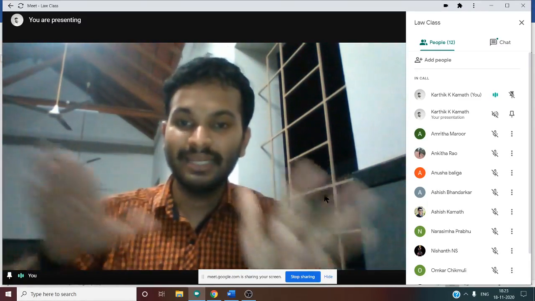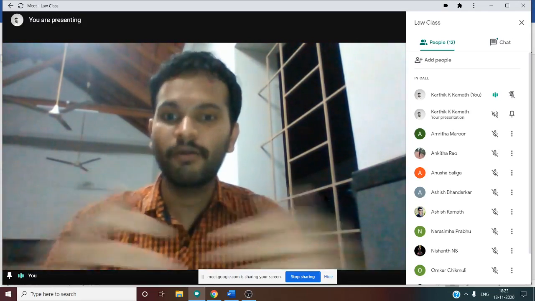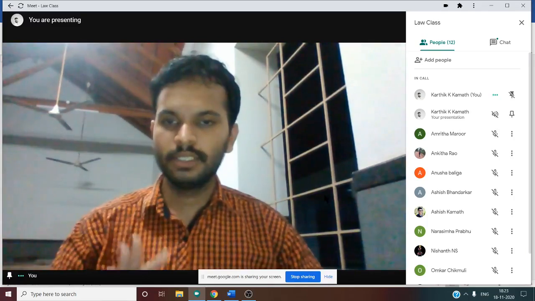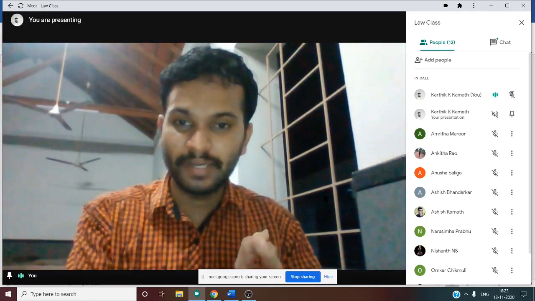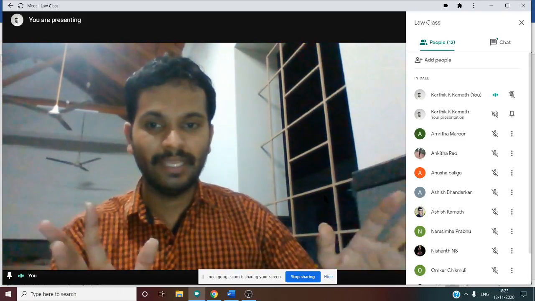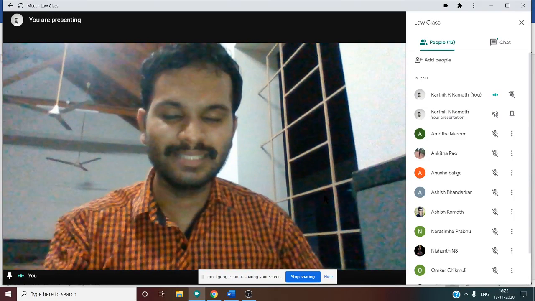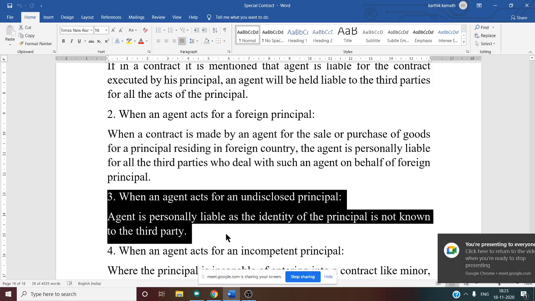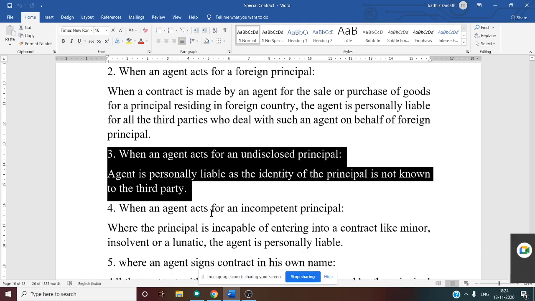Whenever we are dealing in goods, that is, sale and purchase of goods, for example, A is a principal and B is an agent, but to the outsider, let us say C or D, B acts like A. In that case B is liable. That is the meaning here. See this, the agent is personally liable as the identity of the principal is not known to the third party.